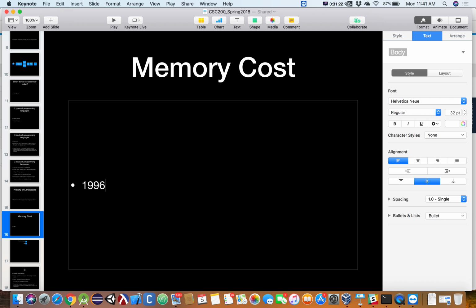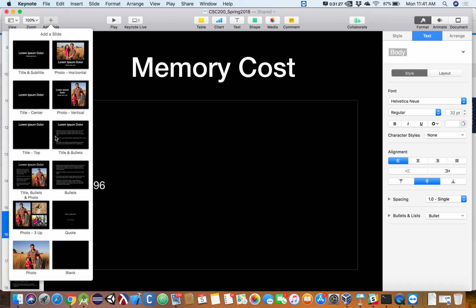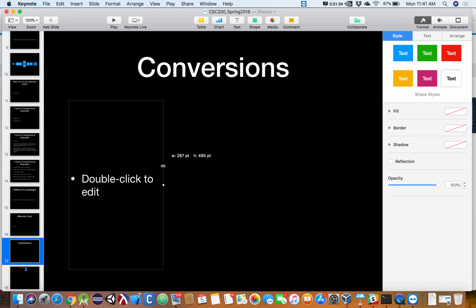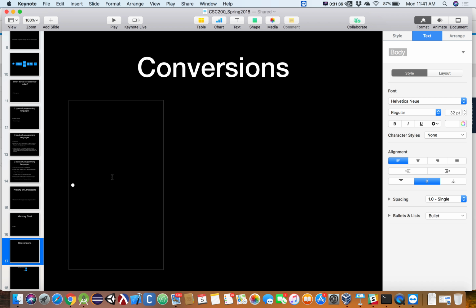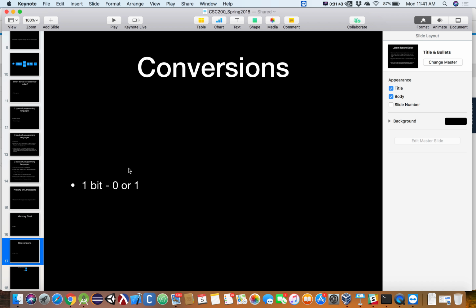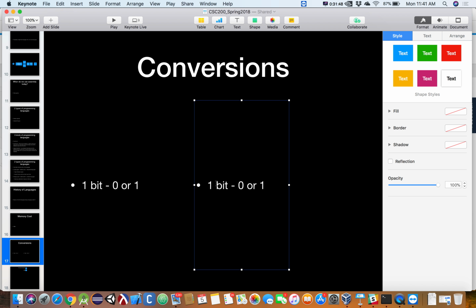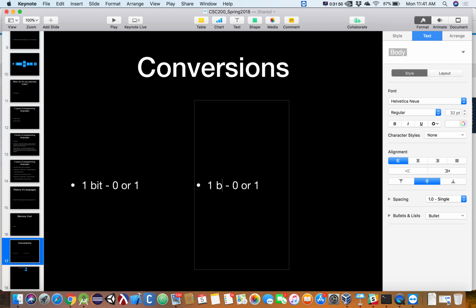How many megabytes in a gigabyte? I never remember the conversions. Well, we have a bit. 1 bit is a single 0 or 1. One byte is 8 bits.